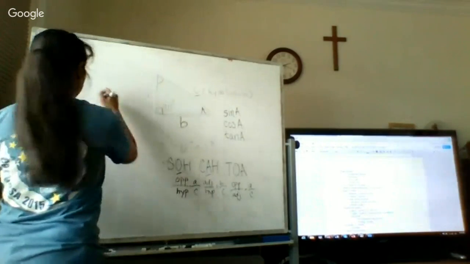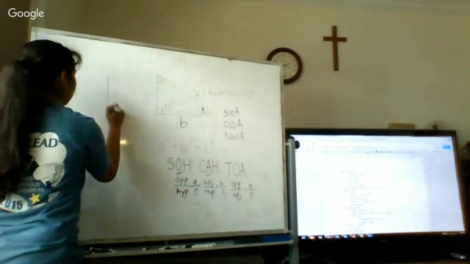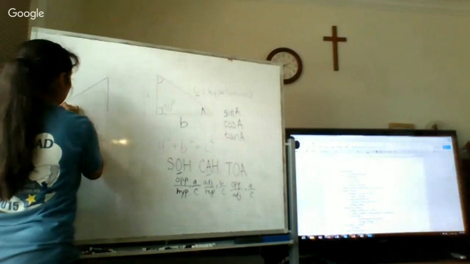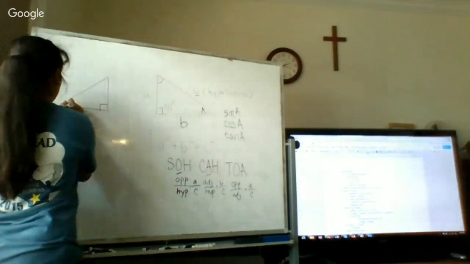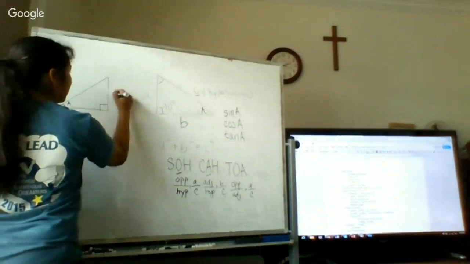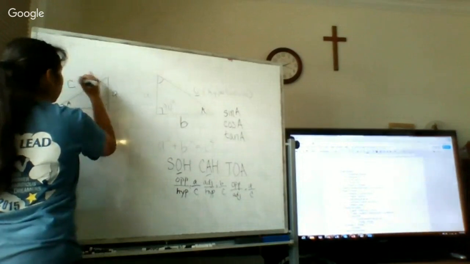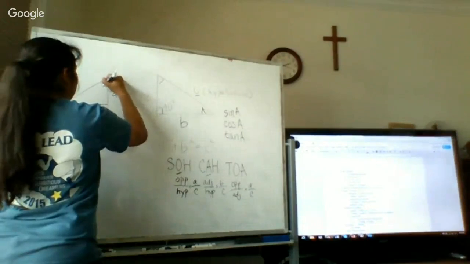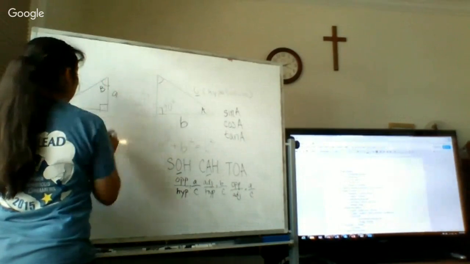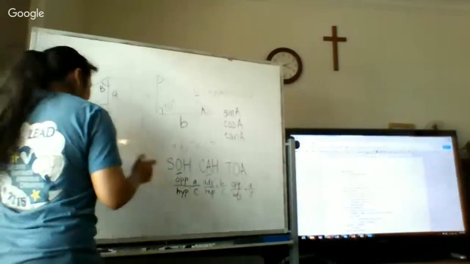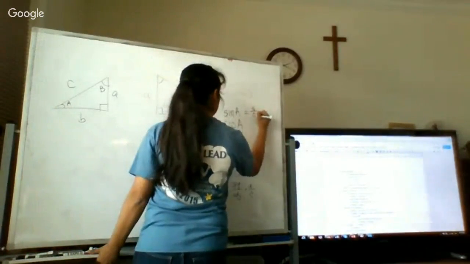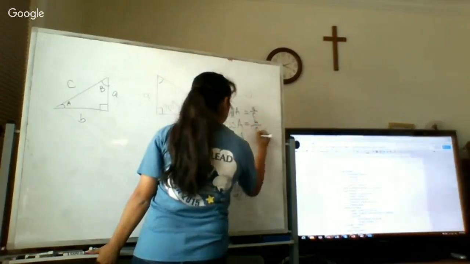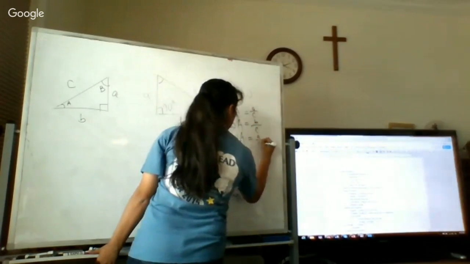So if I were to give you a triangle that looked like this, let's say it's the same thing as this one. So the angle A is here, B is here, and C is here. We can also use this angle B. So sine A is A over C, cosine is B over C, tangent is A over B.